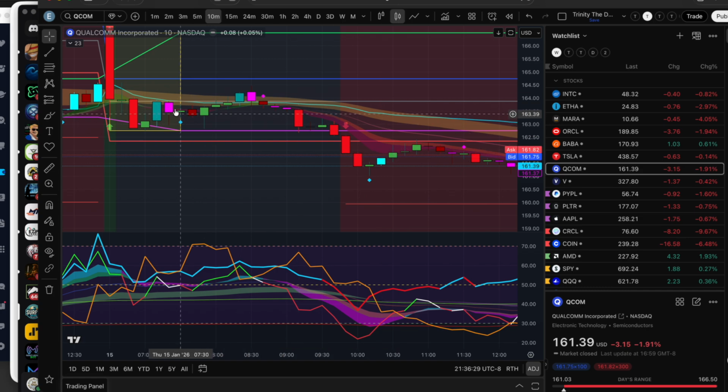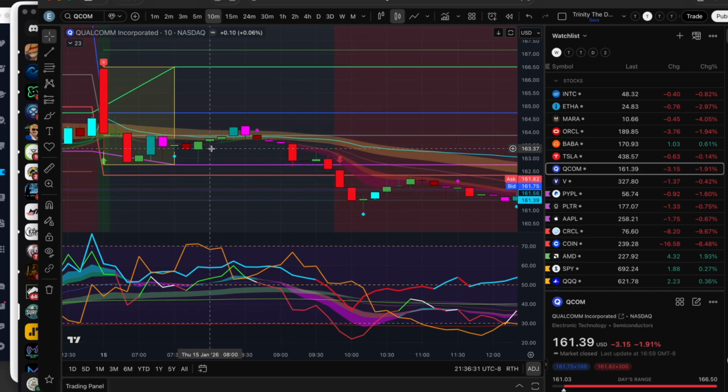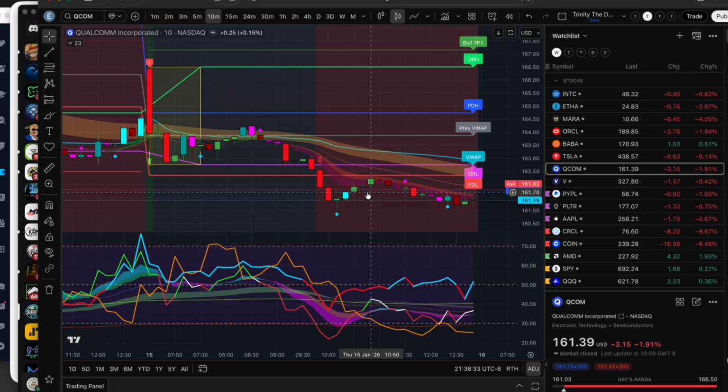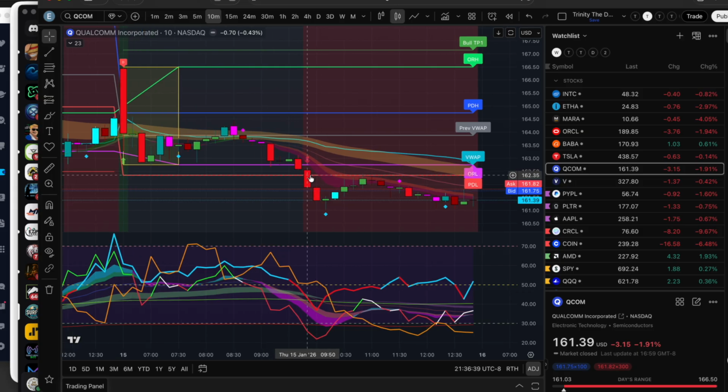So here you've got your opening range. You've got your previous day low down here. And when you get that break of the previous low, how do you know it's a good place to enter? Again, by looking down here.